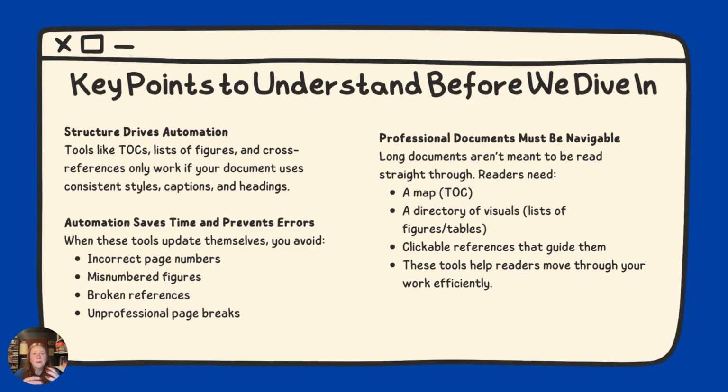And why all of this matters, why we need tables of contents, is because the documents that you're producing need to actually be presented to somebody else, right? You're not writing these really long papers just for yourself. I mean, maybe you are, but in most cases, you're going to be writing these papers to be shared with somebody else. At least a professor probably, but maybe you're going to be looking at publishing something or sharing it with colleagues.